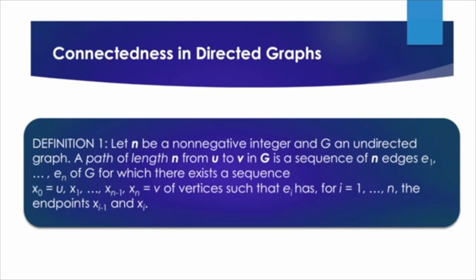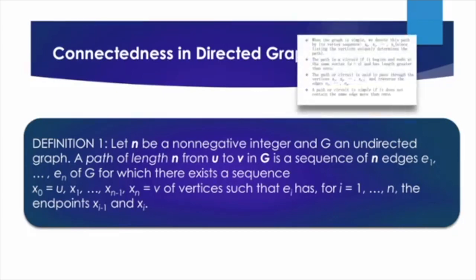A path of length n from u to v in G is a sequence of n edges e_1 up to e_n of G for which there exists a sequence x_0 = u, x_1, ..., x_{n-1}, x_n = v of vertices, such that e_i, for i equal to 1 up to n, has endpoints x_{i-1} and x_i. Based on this definition, we have the following facts about paths.